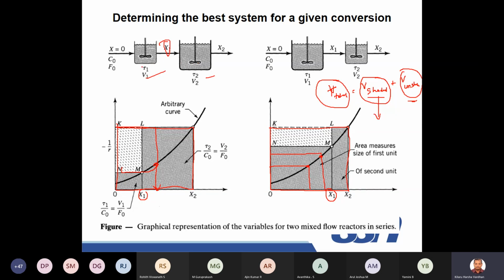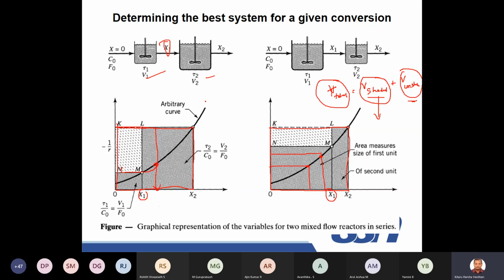Or if a small reactor gives you x1, then you put the small reactor first and then the big reactor. This is what you will do when you have big and small size CSTRs in series. So it depends on the rate curve what reactor should be put first.